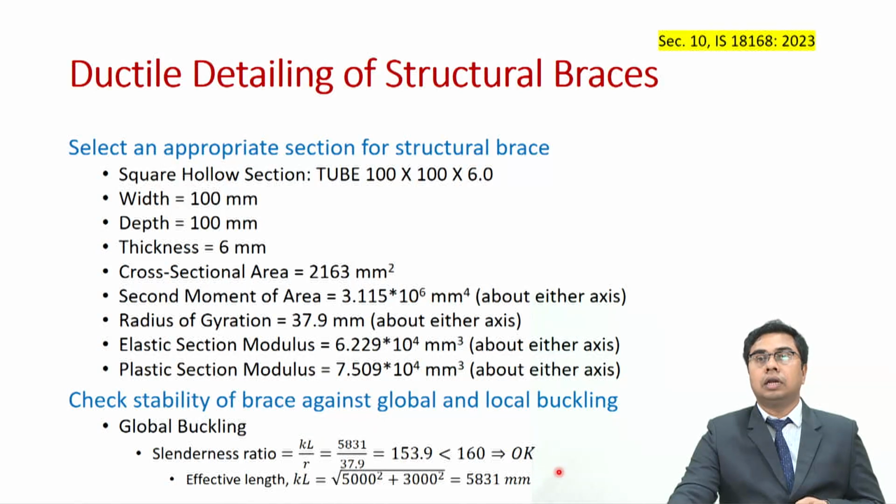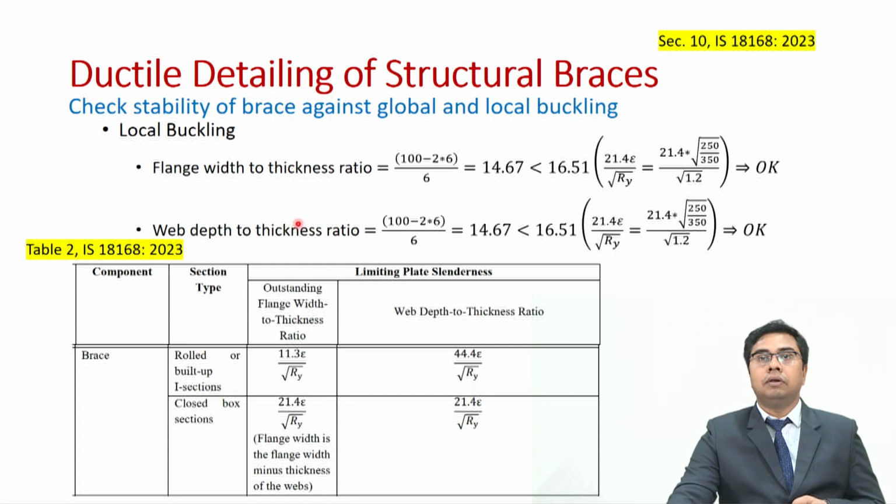Therefore, it is alright. At the same time, in order to prevent local buckling, we calculate flange width to thickness ratio as 100 minus 2 times of 6 divided by 6, which is equal to 14.67, which is less than 16.51. The web depth to thickness ratio is also calculated in a similar manner at 14.67, which is less than 16.51.